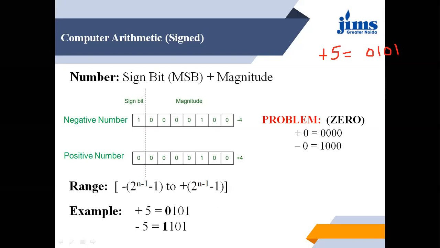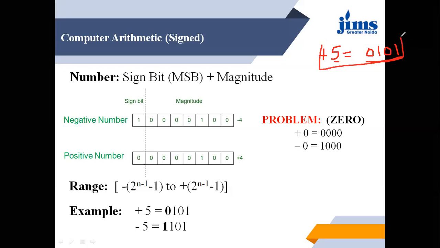This is the reason I told you that we should know the conversion of a decimal number system to binary number system. So 5 can be represented by 0, 1, 0, 1. This we can represent in unsigned form.